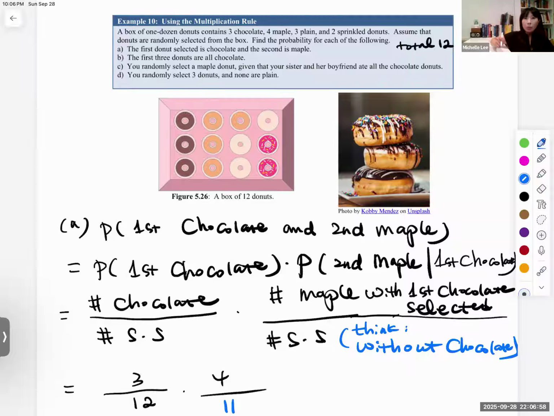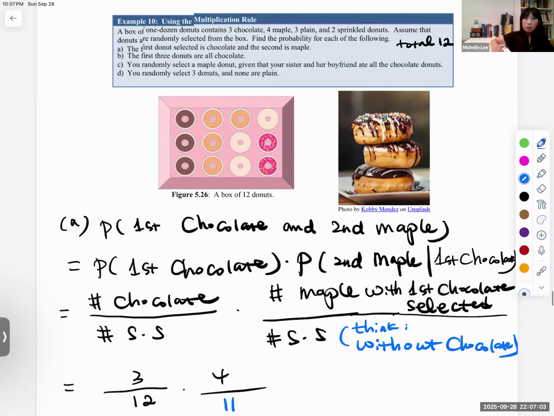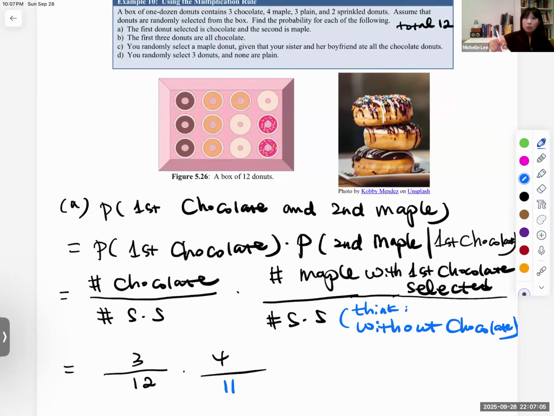Okay, then can you please calculate? Yeah, so good. So we have 0.0909. Yeah, very good.